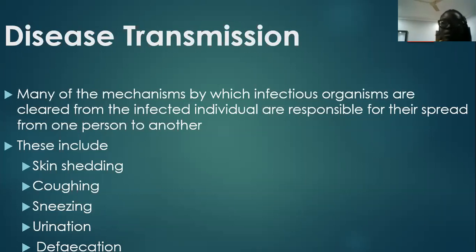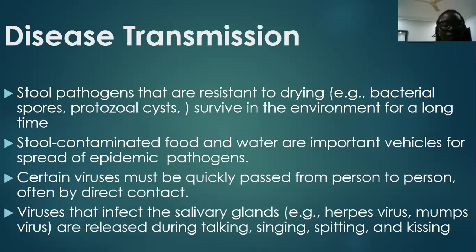Then you can also transmit some organisms by urination, for example, schistosoma, and then also by defecation if the organisms are in the stool. During disease transmission, the microorganisms also have to be resistant to the environment so that they'll be able to reinfect the next person.